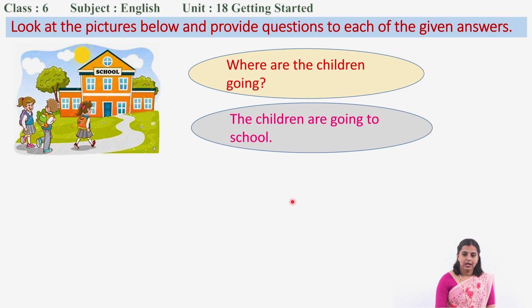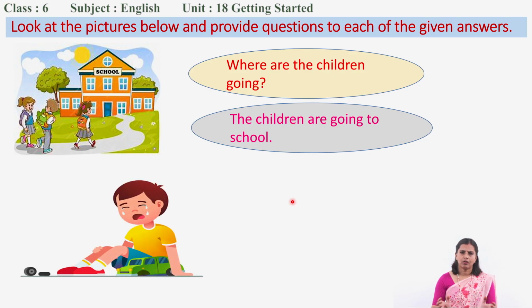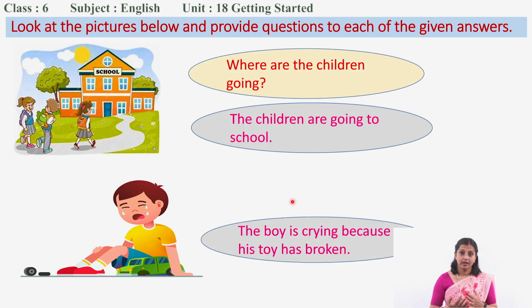All right. Now the next picture is, oh, see the boy? The boy is crying, isn't it? See? He is crying, and by the side of him is his broken toy. So the boy is crying because his toy has broken. Right?